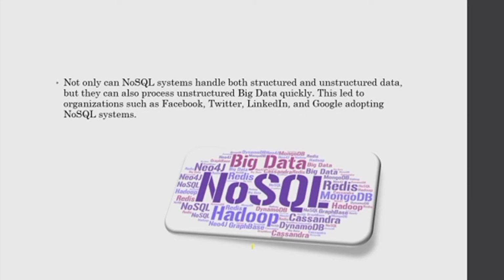NoSQL databases like Cassandra make it easy to set up multiple data centers without much trouble, so you can store and retrieve information across different servers. And third, fast development. The relational database is not an ideal solution when you are working in an agile environment which needs frequent feedback and fast iterations.